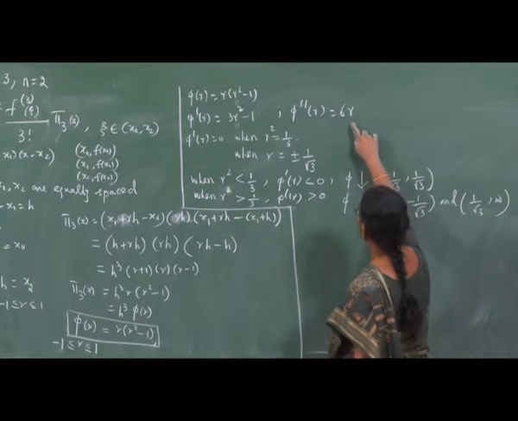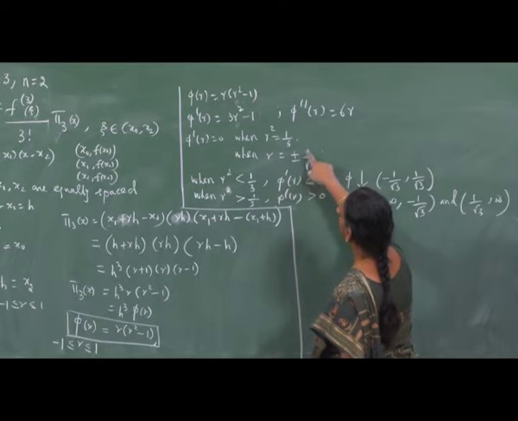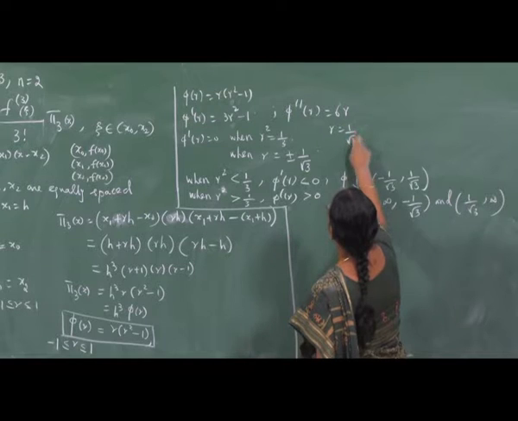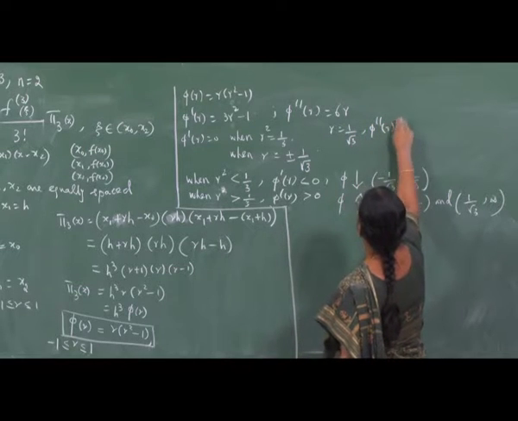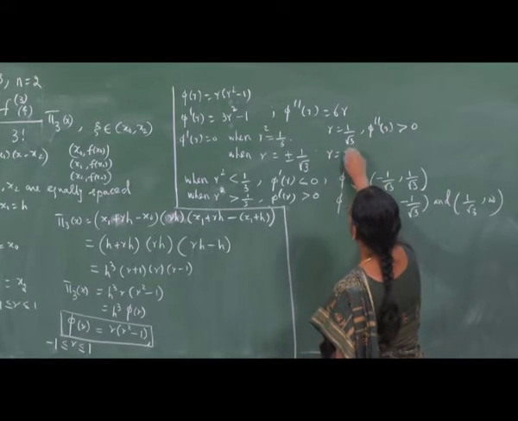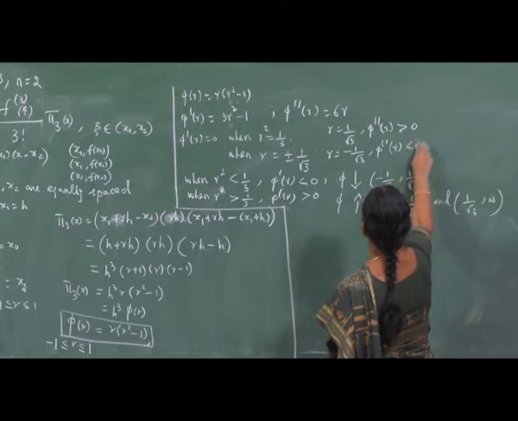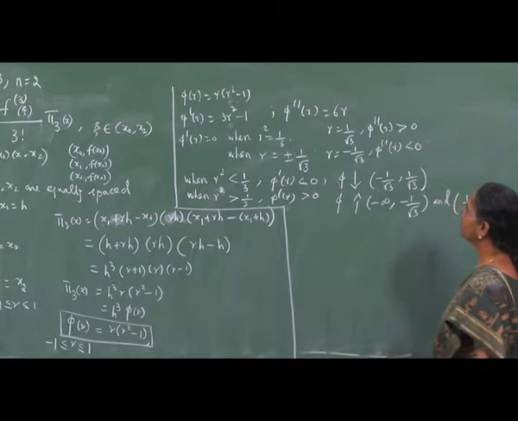So, at r is equal to plus 1 by root 3, phi double dashed of r is positive, and at r equal to minus 1 by root 3, phi double dashed of r is negative.